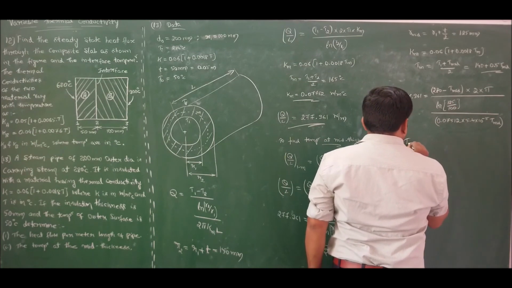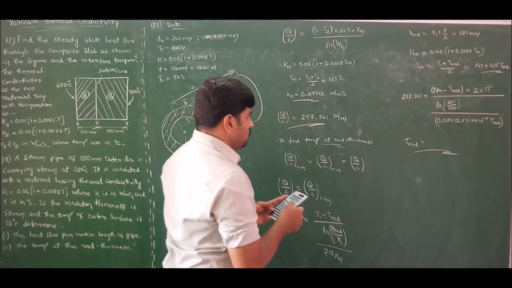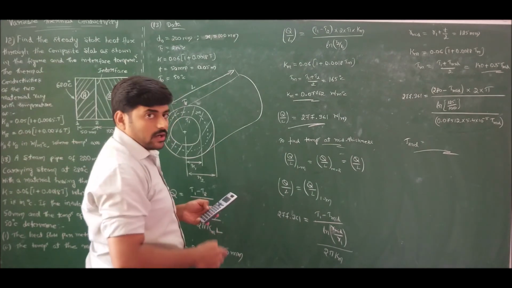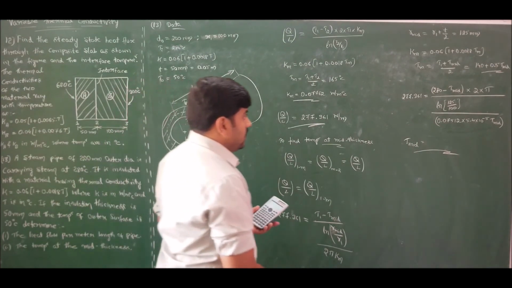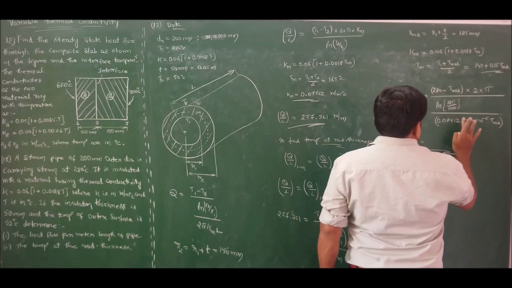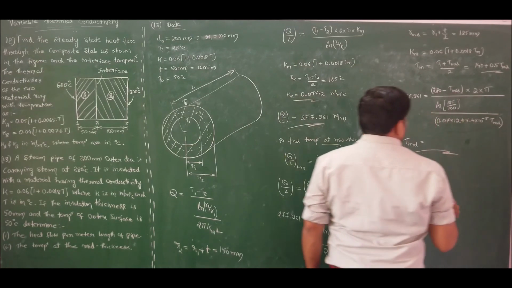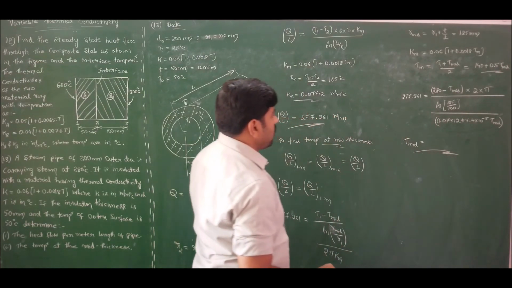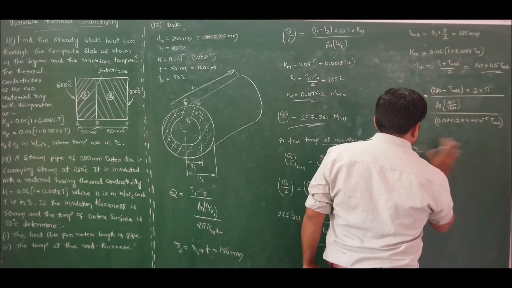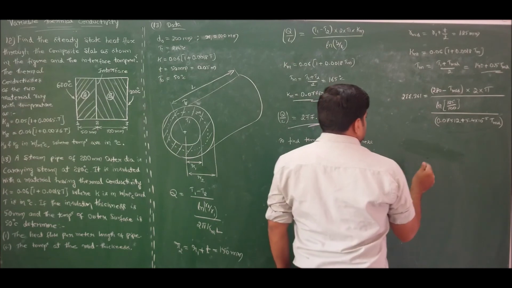So if I calculate, the temperature at mid thickness is coming to be, cannot solve. Let me simplify completely and solve. Sorry, here I made a mistake, this should be plus. But in the calculator while entering I entered properly. Let me simplify further and solve.